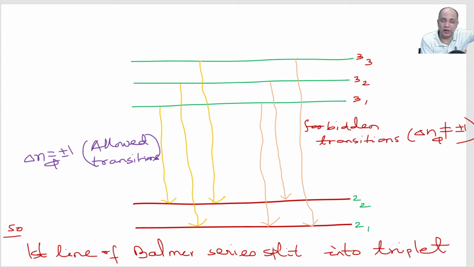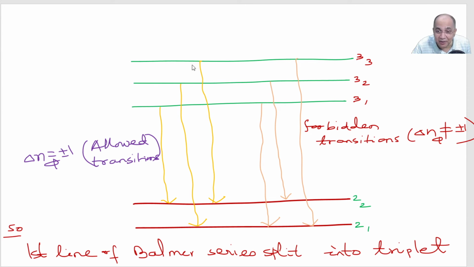That was also corroborated. So he proposed that any transition from any suborbit of the higher principal number to any suborbit of the lower principal quantum number, if delta n phi is equal to plus minus 1, then it is allowed. If it is not equal to plus minus 1, it is 0 or it is plus minus 2 or plus minus 3, it is forbidden, not allowed.